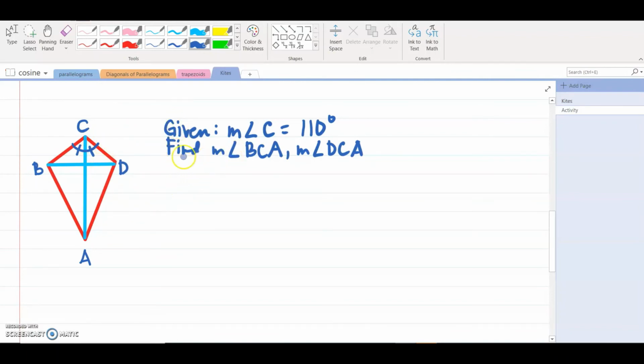So the measure of angle BCA is 110 divided by 2, which is 55 degrees. That is also the same with the measure of angle DCA, since the diagonal bisects the opposite angles in a kite.